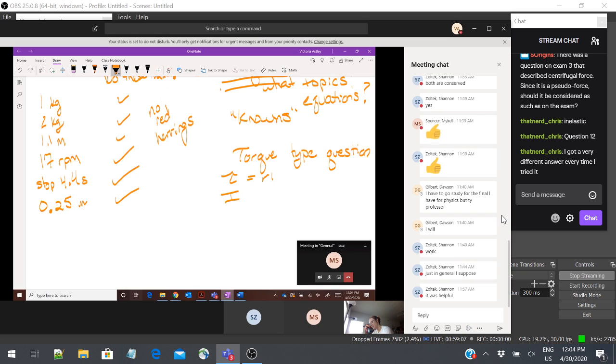Torque equals r F sine theta, torque equals I alpha, and kinetic energy is 1/2 I omega squared.